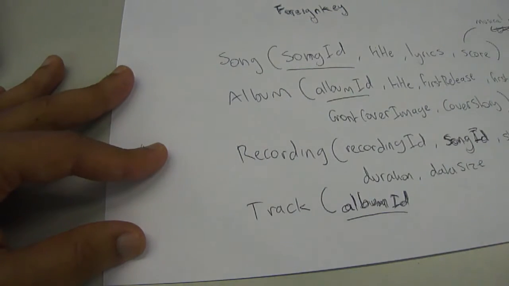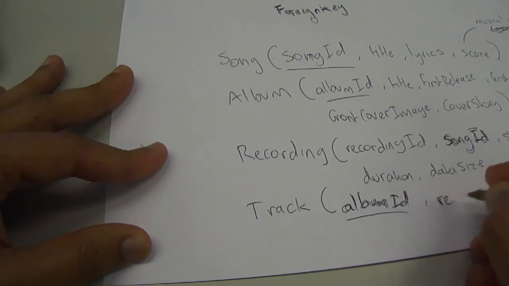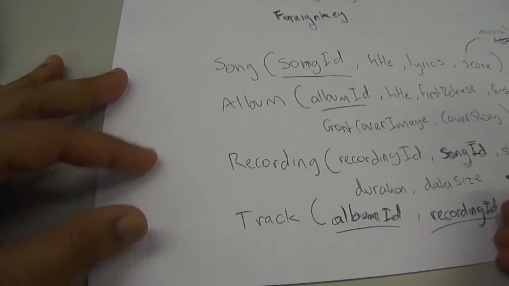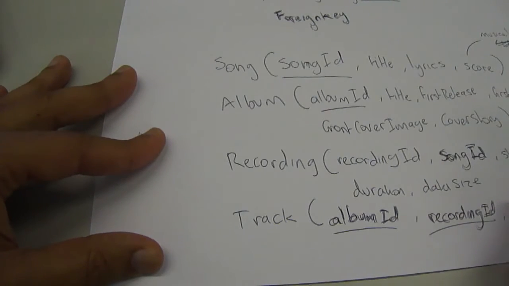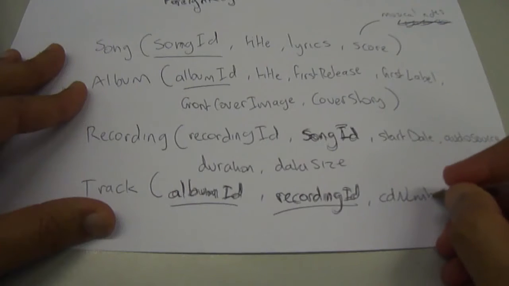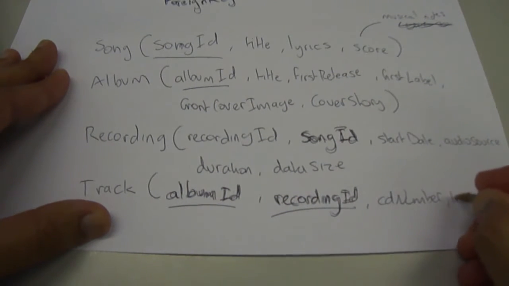It's a primary key and a foreign key. Underline that. Next, CD number, and your track number.